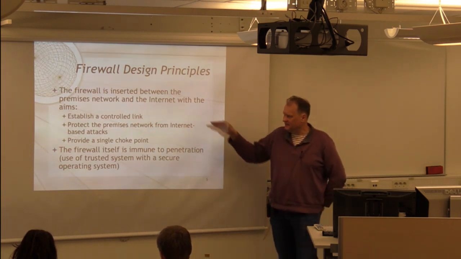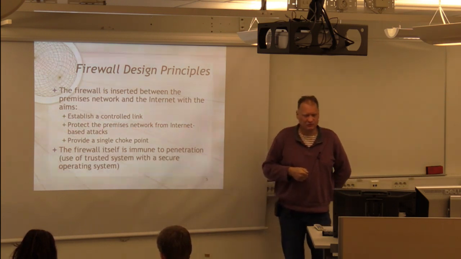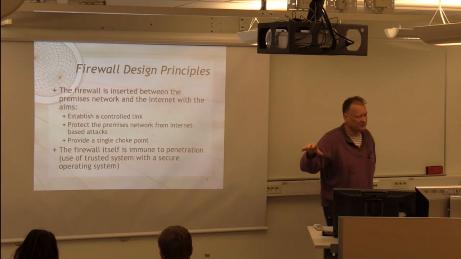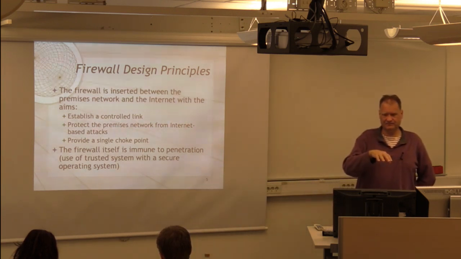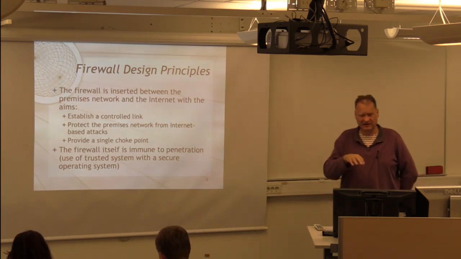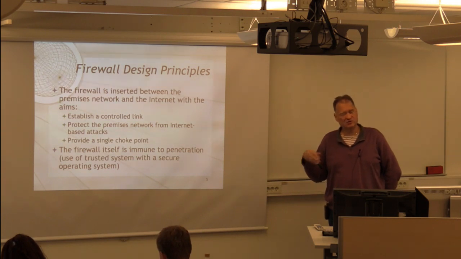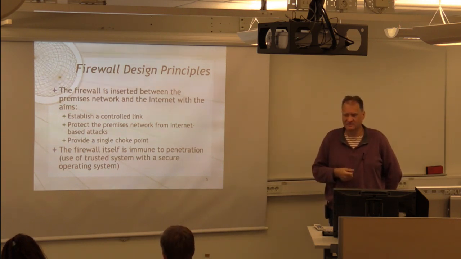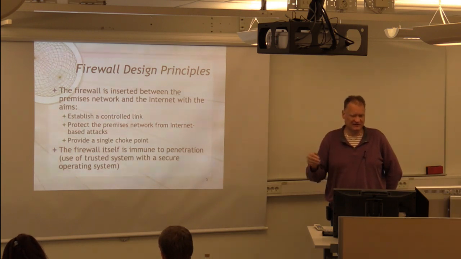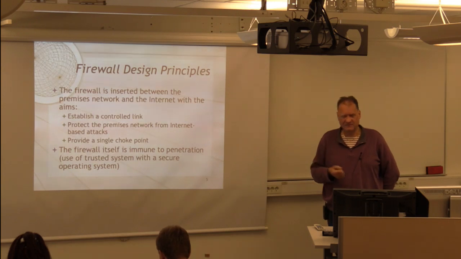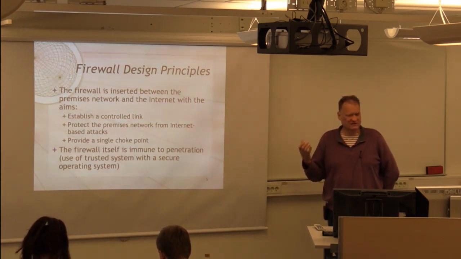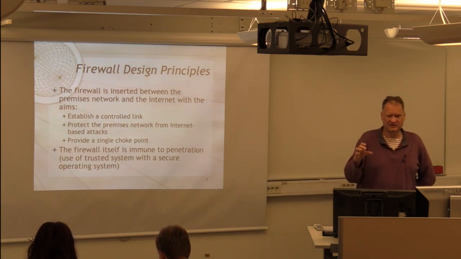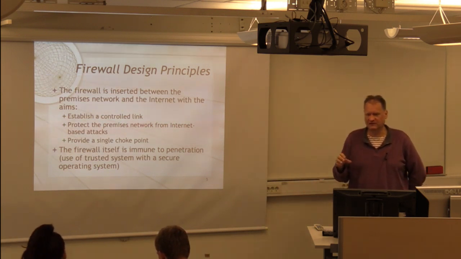Some fundamental ideas here: we need to establish a control link, because now we have an outside and we have an inside. They need to be connected, and potentially they could have several connections. We could have several different ways to get into the network. If that is the case, then it makes it much more complex for us, because we put a firewall in one of these connections, and that's where we control it.